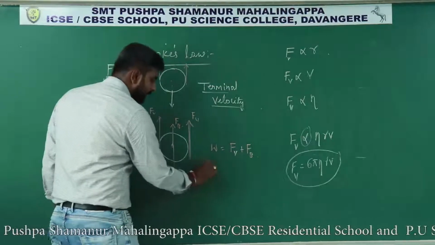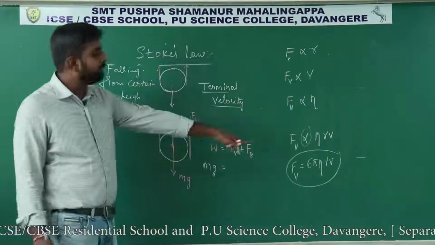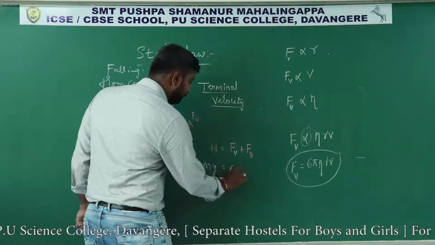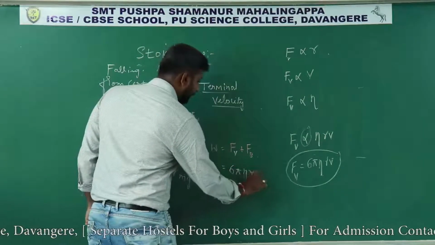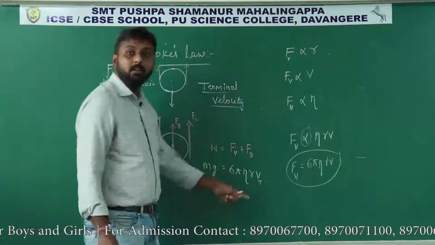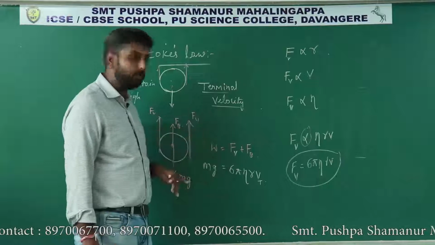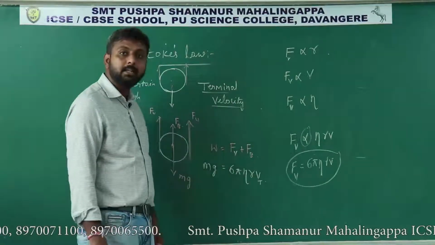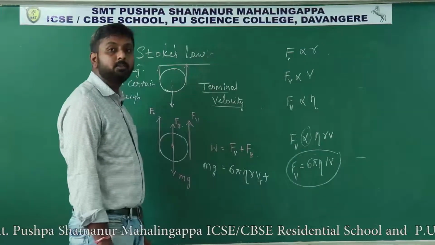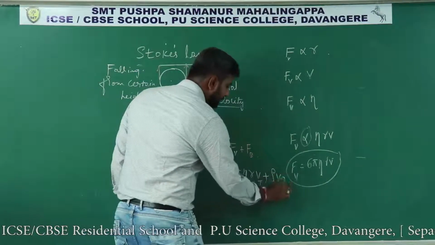Then the weight of the object, m into g, we can write. The viscous force on a spherical object, what is the viscous force? Just now, according to Stokes' law, we came to know that the viscous force is 6 pi eta r into v. I will consider this v here as terminal velocity. Why? Because the net force acting at this instant is 0. Then that velocity becomes the terminal velocity, plus the force of buoyancy. What is the expression for the force of buoyancy? Rho v g.